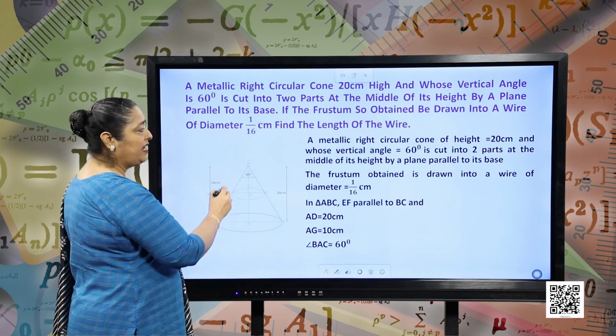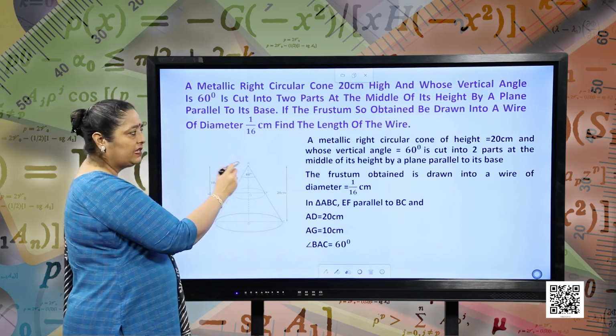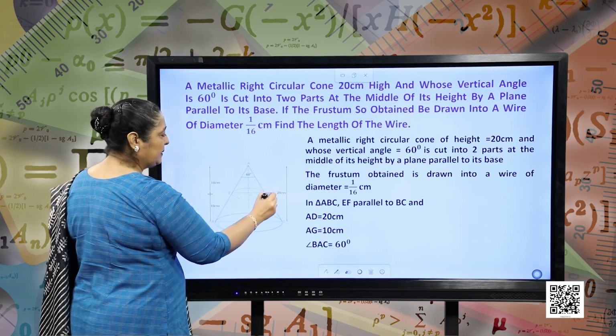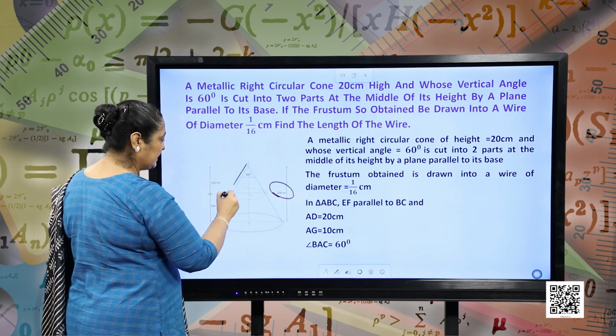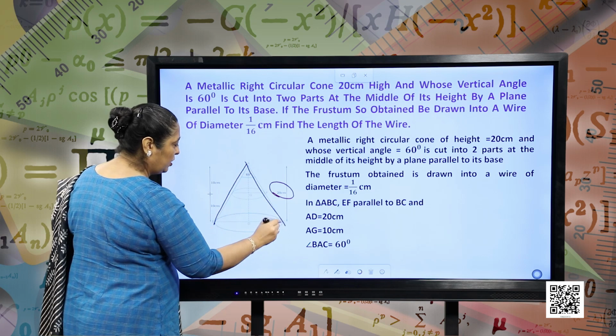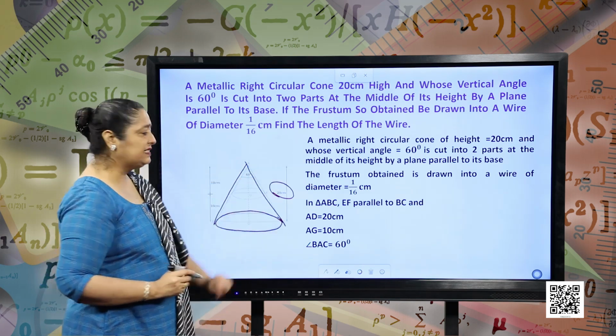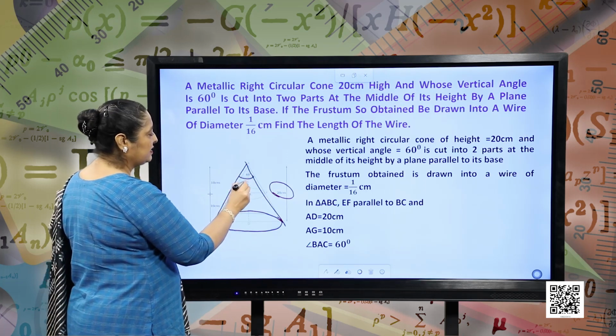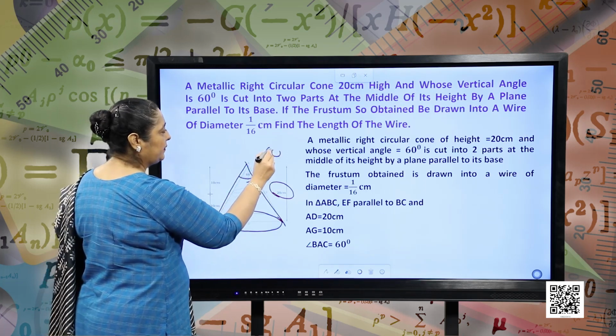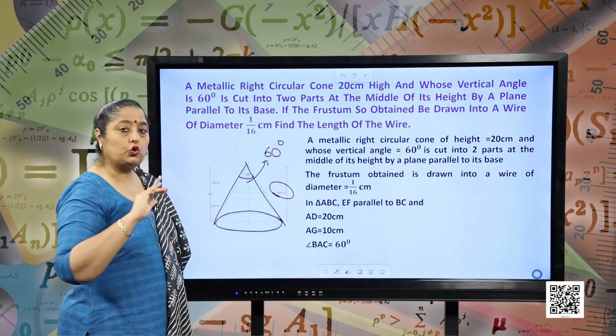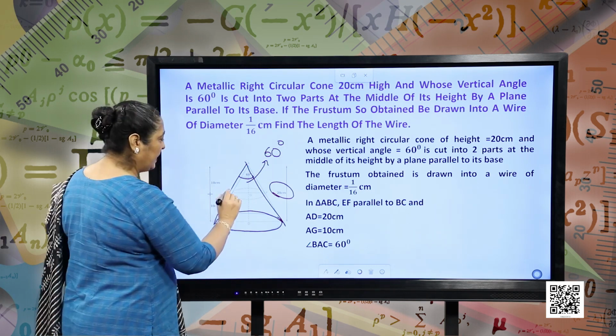So, a metallic right circular cone is given, the height is 20 centimeter. See, the height is 20 centimeter and this is the cone, okay, and the vertical angle is 60 degree. This angle is 60 degree. It is cut into two parts with the help of a plane.